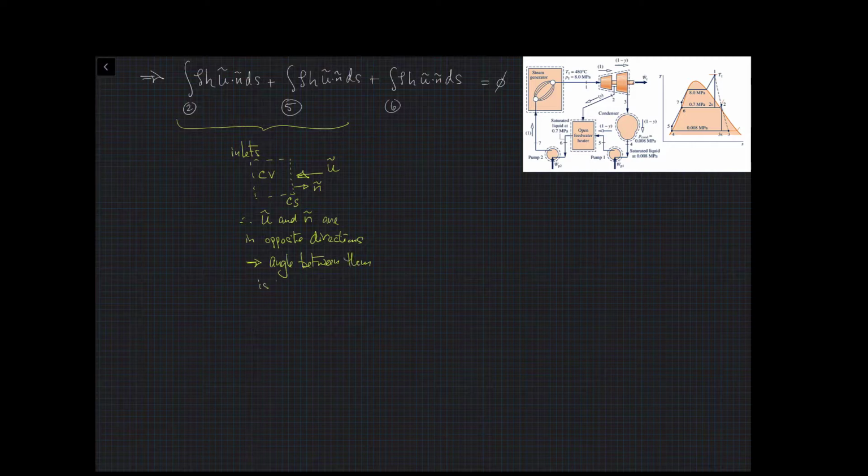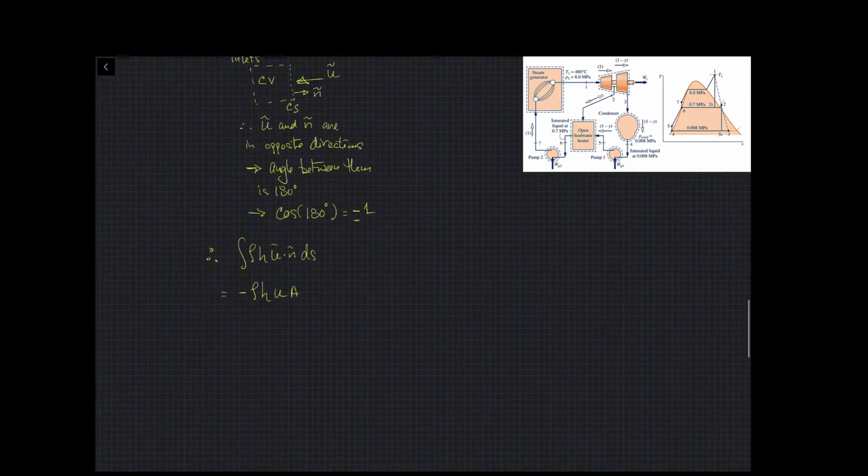And since the dot product of the 2 vectors is the magnitude of each vector times the cosine of the angle between them, that cosine of 180 is going to throw in a -1 term for all the inlets, and similarly a +1 term for the outlets, because there the velocities and the unit normals are aligned and the angle between them is 0.